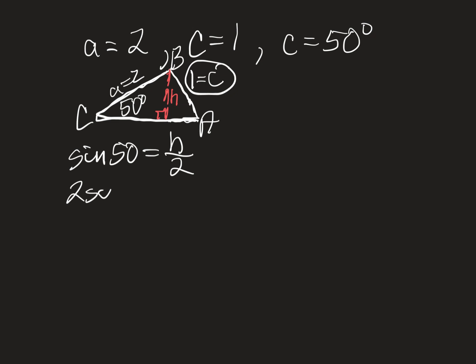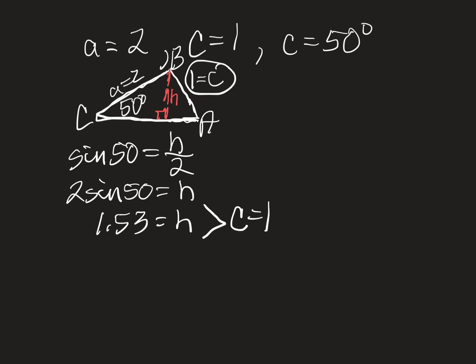So 2 sine of 50 is equal to H, and that is 1.53 is equal to H. But that means H is bigger than C, equal to 1. So that means the C is too short to even reach the other side.